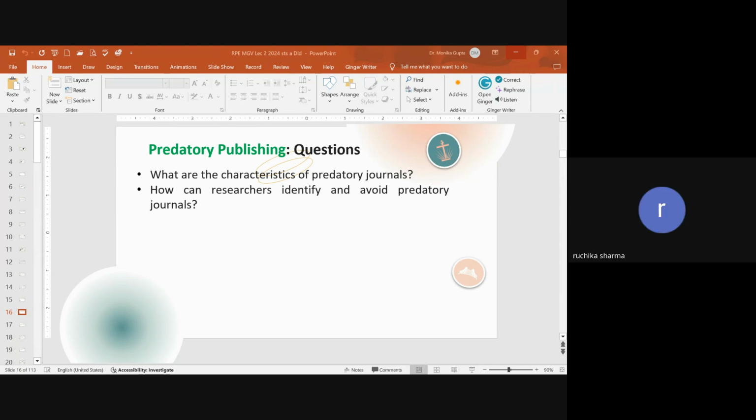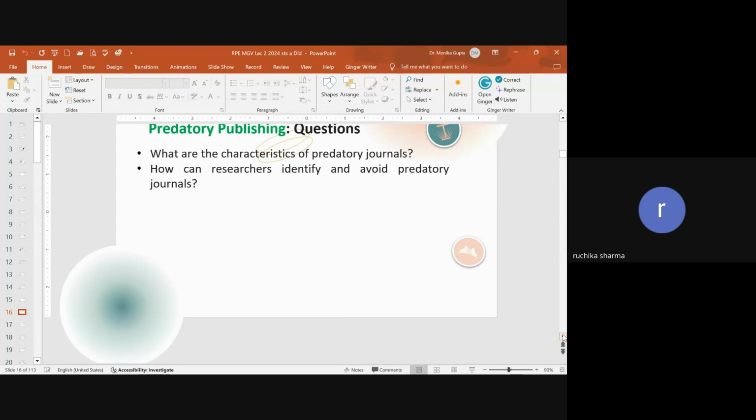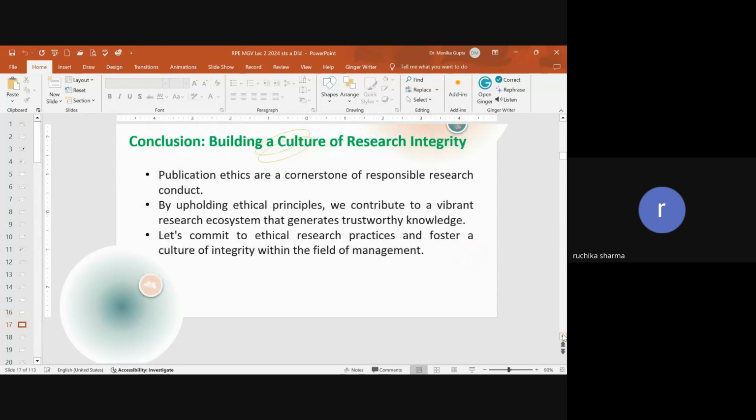Ma'am, excuse me, which one did you just mention, SciMago? Okay, thank you, ma'am. Because if you go through the chat given at the end, people are discussing and mentioning the links of the fake journals also.